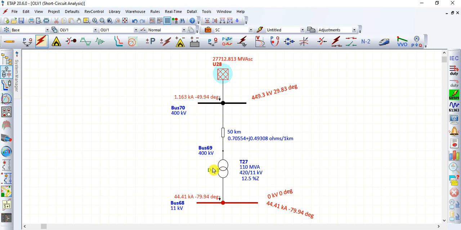So in that case, if we have the transformer in between this grid and the process plant or the industry, if anything happens, means if there is a huge change in the short circuit current in the grid side, there will not be much impact here in the process plant or in the industry, right?